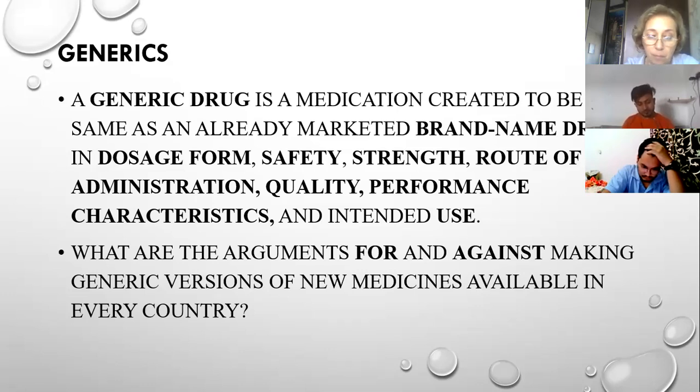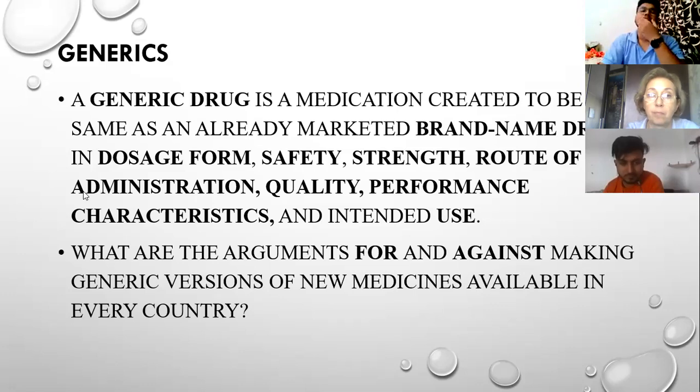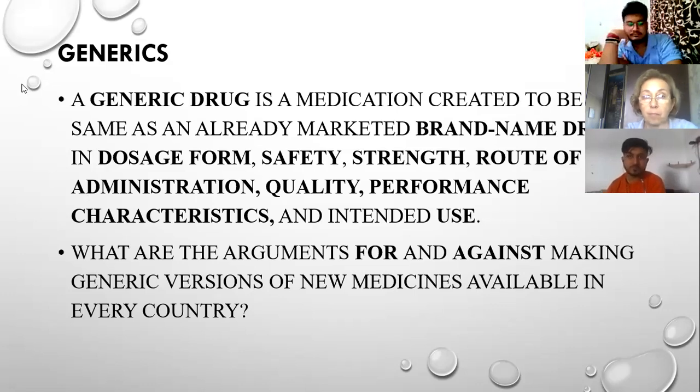The same drug will be supplied by many brands and companies, so they have to take care. In order to approve the license, they have to make it very safe, and the quality, performance and characteristics should be very good, in order to supply it to a wide variety of local suppliers.